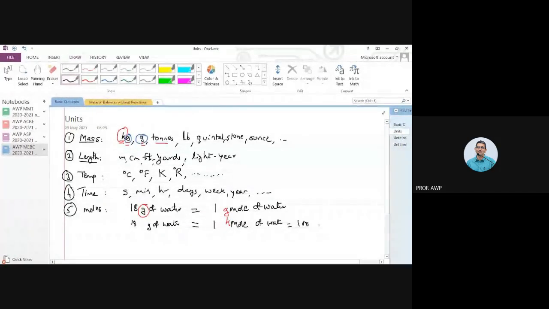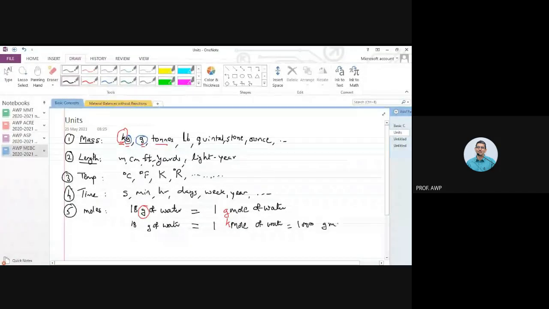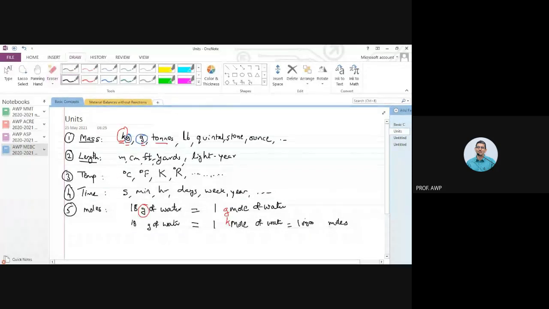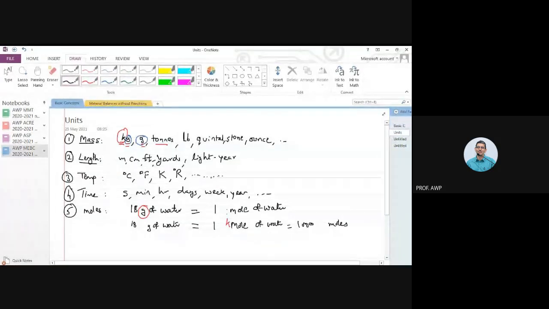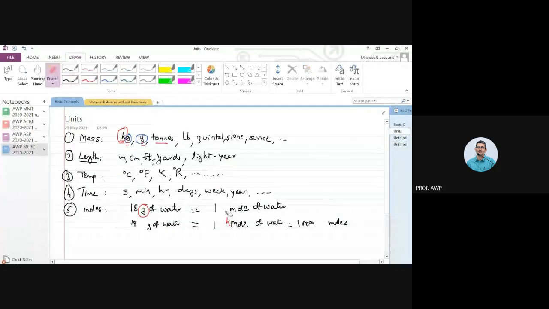That's the same as 1000 gram moles of water. Right? And sometimes we don't write this gram. We just say mole. But when I say mole, it is understood that it is gram moles. All right.